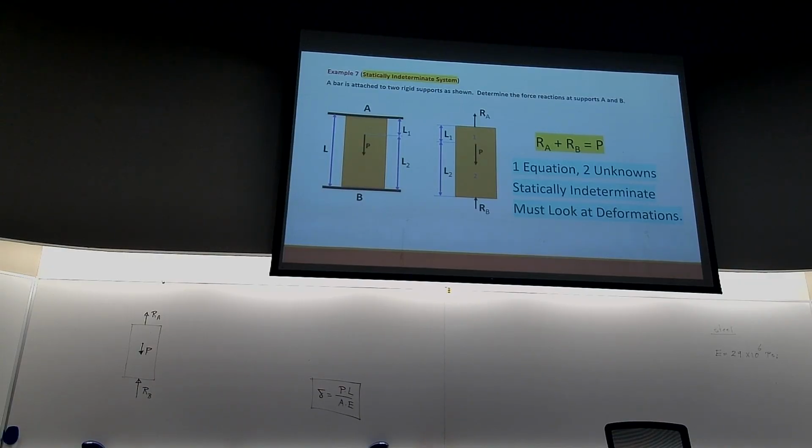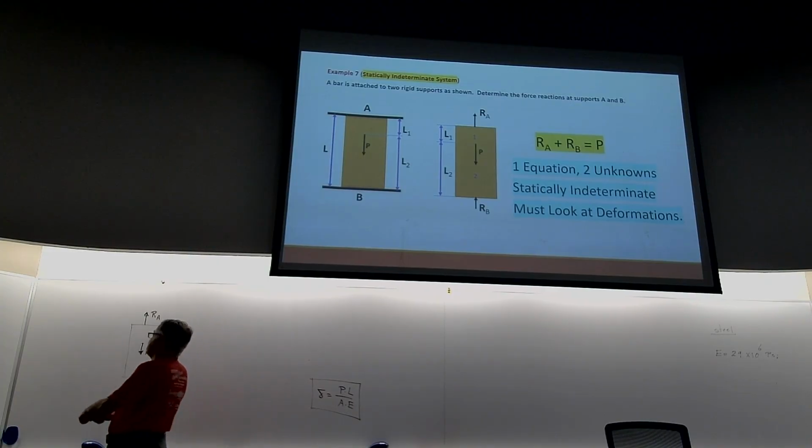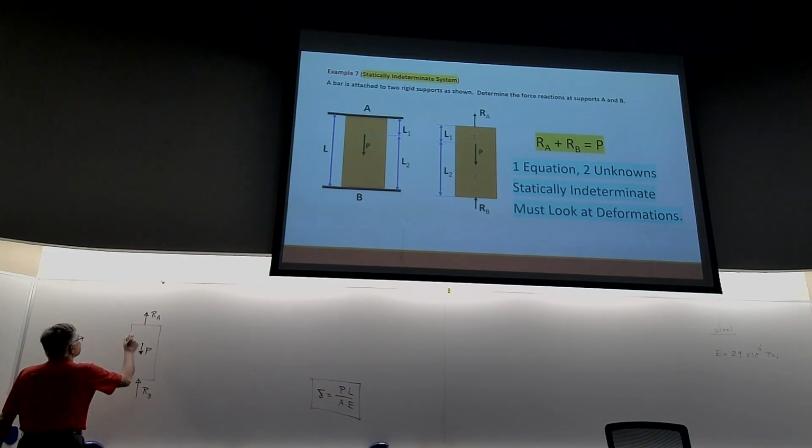So once again, this is a statically indeterminate problem, meaning that we need to get one additional equation from studying deformations. Deformations are given by this. So we have to do this one segment at a time.